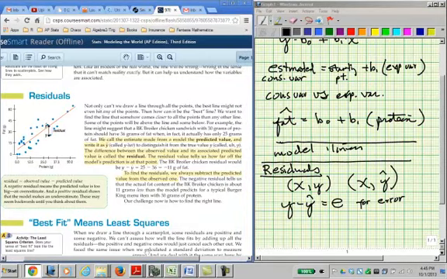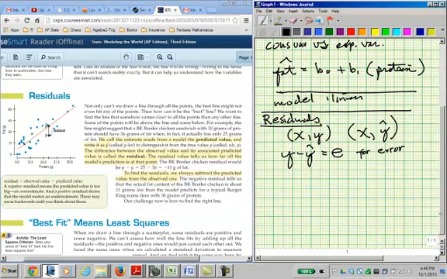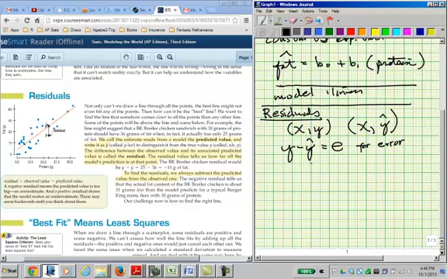Now, in calculating the line of best fit, think about the residuals, the errors. If you added up all the errors, you would get 0. So we've seen this little trick before. If we take the errors and square them and add them up, then that equals some number.